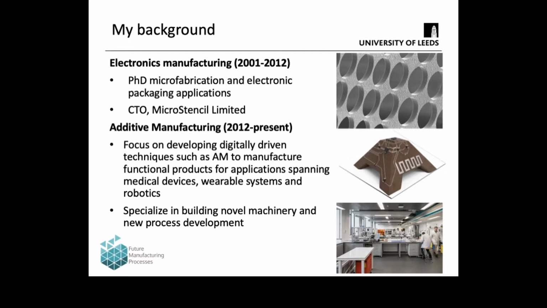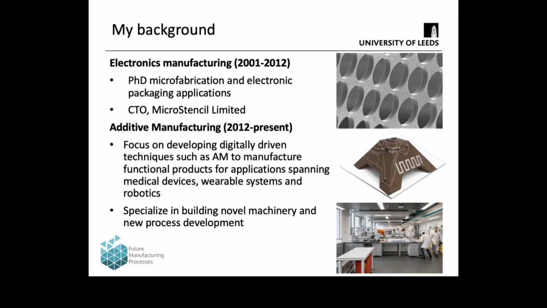During my PhD, I developed a new manufacturing process capable of producing electroform stencils for electronic packaging applications. Because of the benefits to industry in terms of miniaturization, production costs, and yield, I ended up starting a company called MicroStencil Limited and spinning it out from the university.